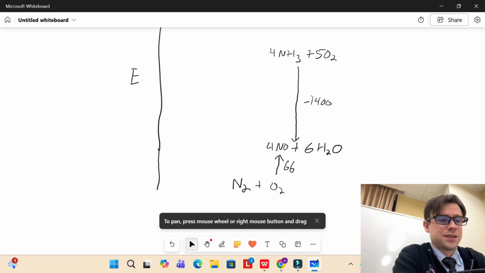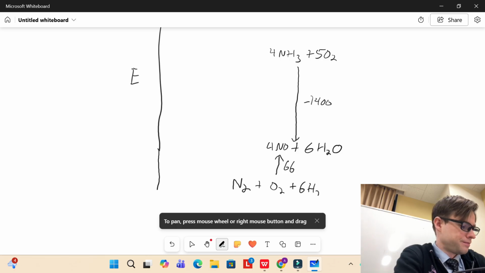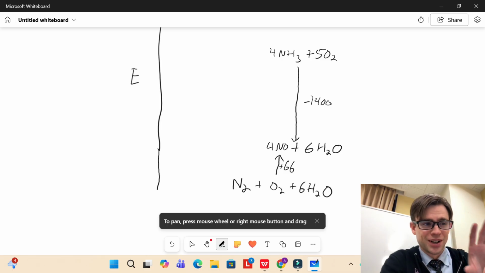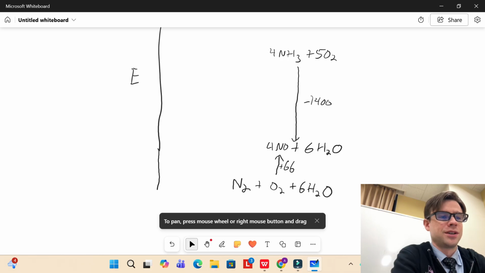Now the weird thing here is that I want to keep everything I'm working with basically included in all of the equations I'm going to write. So I'm going to include 6H2O here, because it appears in the middle version, plus 6H2O, but if we just keep it the same, it's not included in this plus 66 enthalpy value, because there's no change to the H2O.